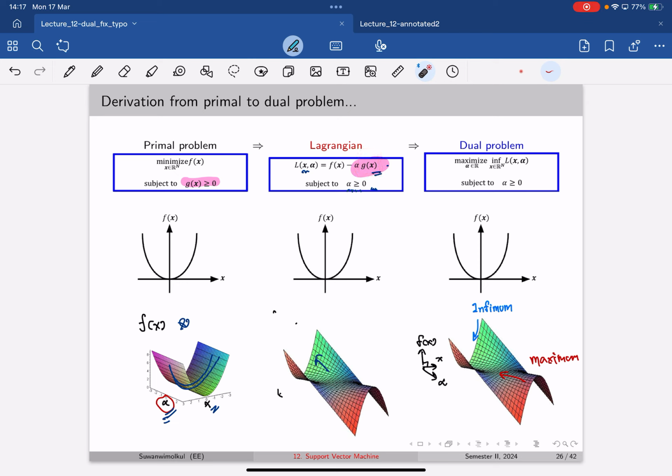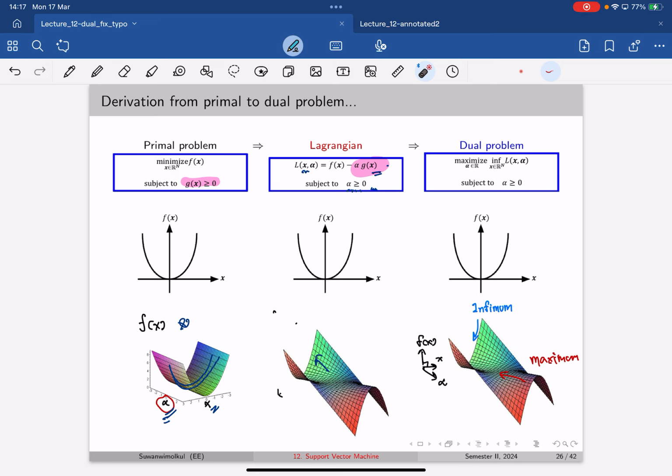In other words, when you are turning the primal problem into a dual problem, it is like you relax your main objective function to include some terms from the condition parts of your optimization problem, and you relax that by scaling it with some alpha value.